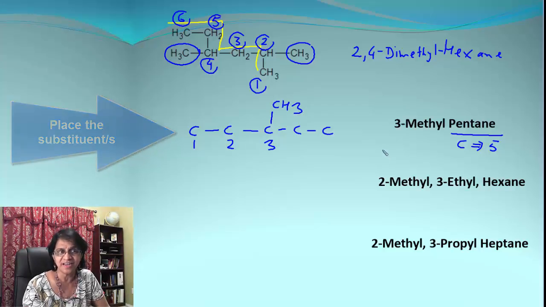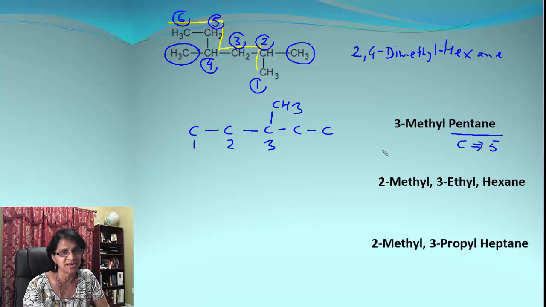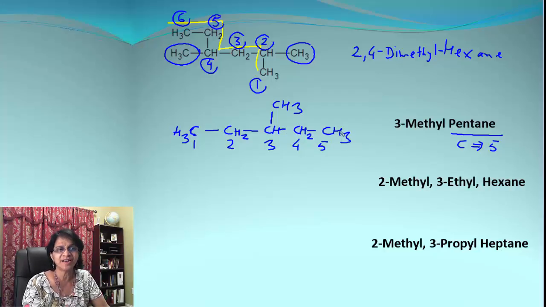That's the skeleton ready for 3-methyl pentane. Now the only remaining thing is to make sure each carbon has the hydrogen atoms which will be required to make 4 bonds. And there it is. We ended up getting 3-methyl pentane.